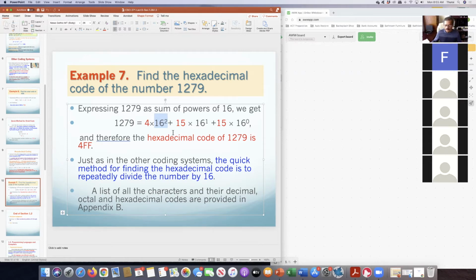And then to figure out how many 16 to the 2s are there in the number, you divide 1279 by 256, and you'll get 4 point something, and you ignore the fractional part, and the 4 is your number. 4 goes here.